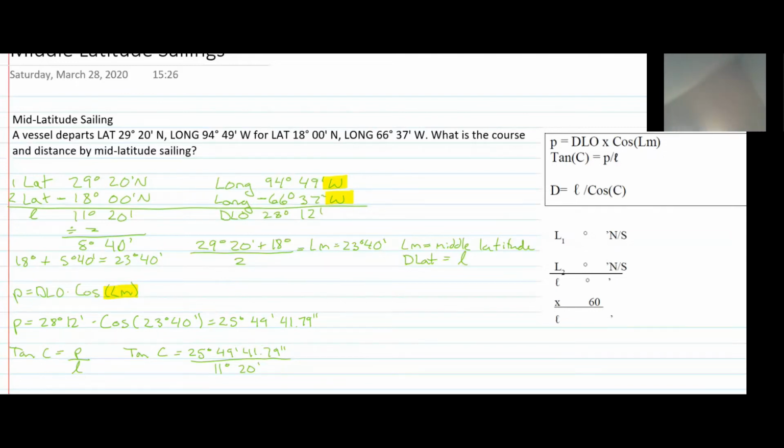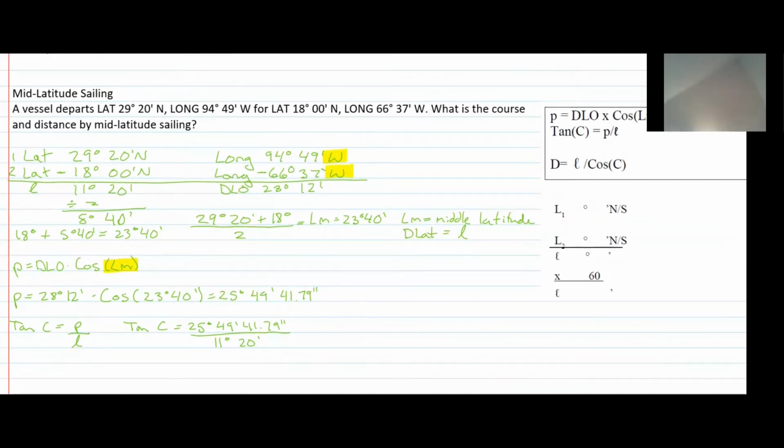And I'm keeping the parenthesis open still. Divided by 11 degrees, 20 minutes, and close that parenthesis. It's very important that you do the calculator step correctly. It's the step most people have the most amount of error in.